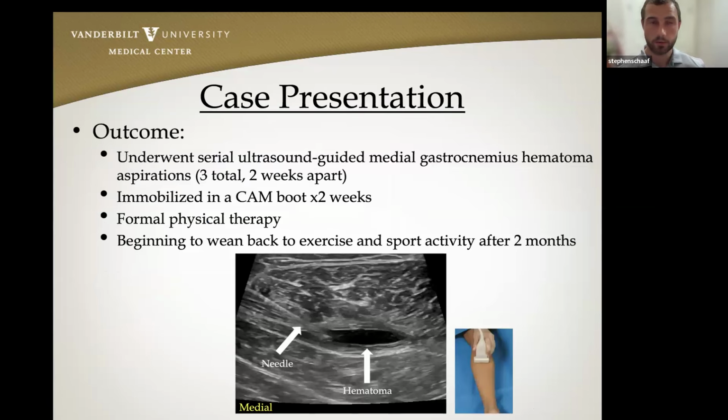So ultimately for this case, just because of the large size of the hematoma, this patient underwent serial ultrasound guided aspirations of that hematoma, ending up doing a total of 3, 2 weeks apart. Eventually after this, the hematoma stopped reoccurring.